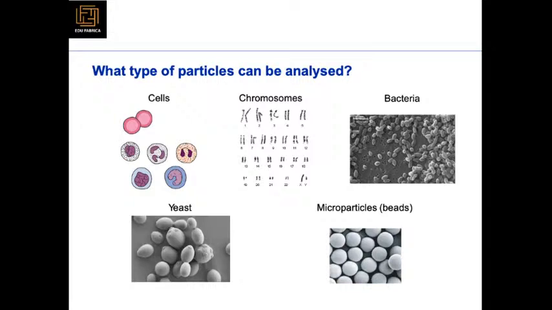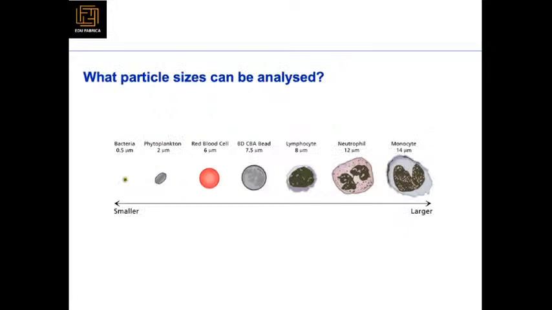Cells, chromosomes, bacteria, yeast, and microparticles are all measurable in flow cytometry. What sizes of cells can you measure? We can measure from 0.5 micrometer to 14 micrometer, including phytoplankton, red blood cells, CBA beads, lymphocytes, neutrophils, monocytes, etc.